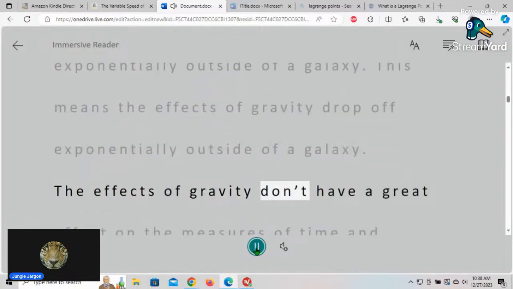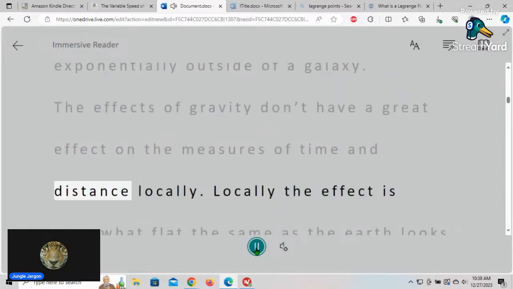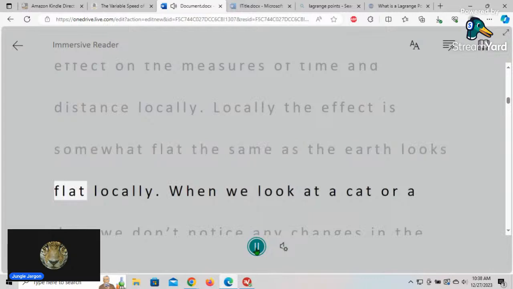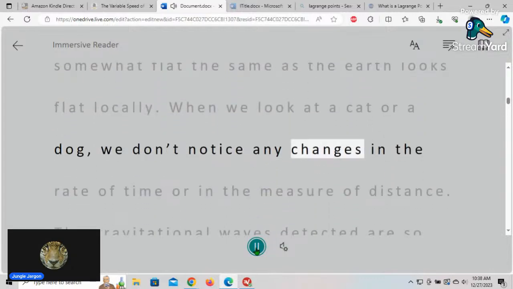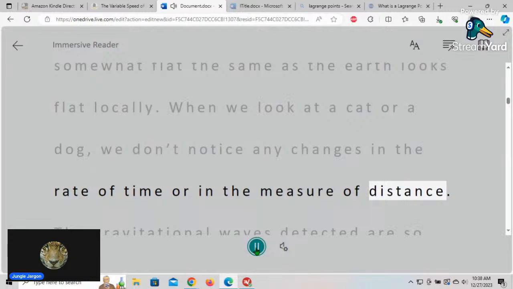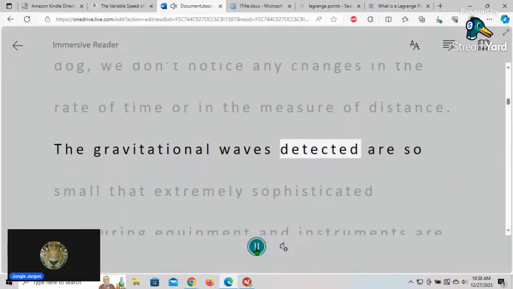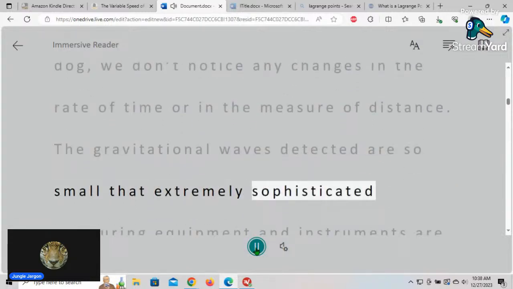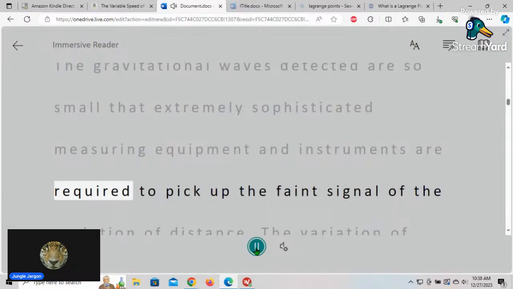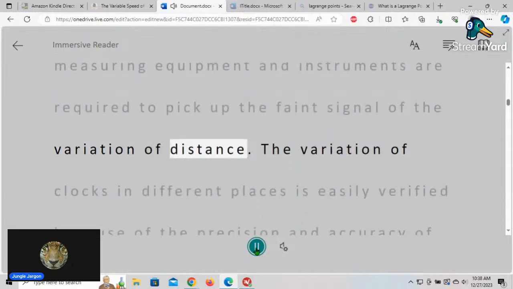The effects of gravity don't have a great effect on the measures of time and distance locally. Locally, the effect is somewhat flat, the same as the Earth looks flat locally. When we look at a cat or a dog, we don't notice any changes in the rate of time or in the measure of distance. The gravitational waves detected are so small that extremely sophisticated measuring equipment and instruments are required to pick up the faint signal of the variation of distance.